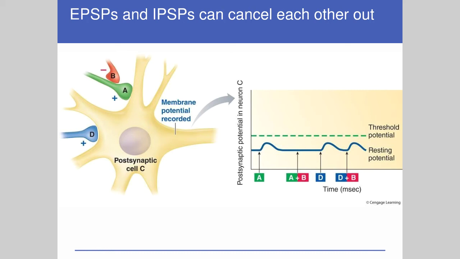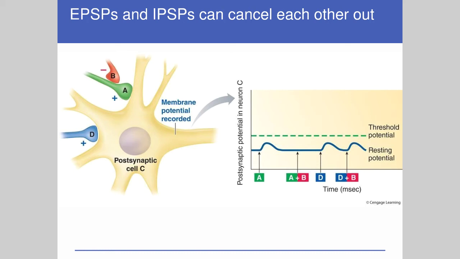So this one has an inhibitory neuron attached to that presynaptic cell A. So what that means is it's releasing a neurotransmitter that has a chemically gated channel that probably lets potassium out. And so it's causing the membrane in that area to hyperpolarize. So when the action potential comes down the membrane to that synaptic terminal, it actually cancels out the effect on the postsynaptic membrane. So B inhibited A.